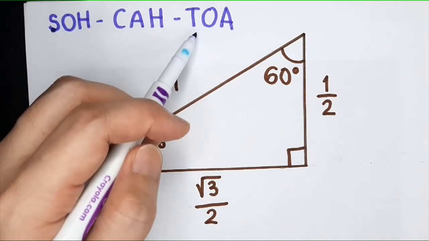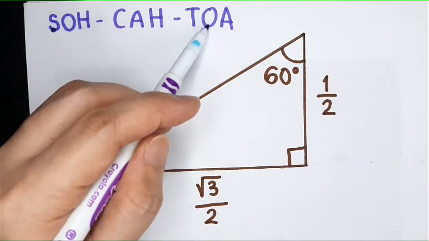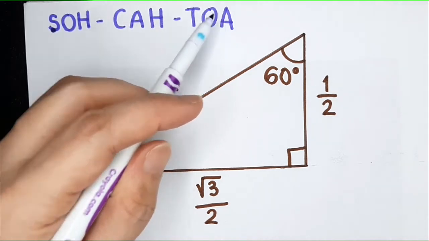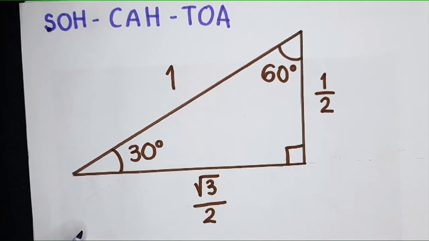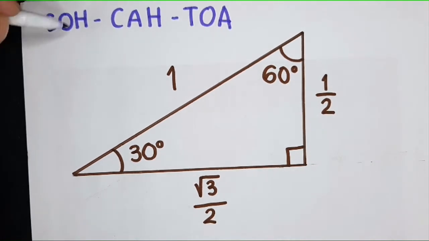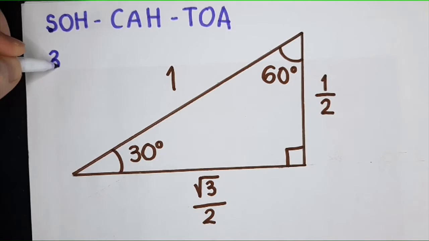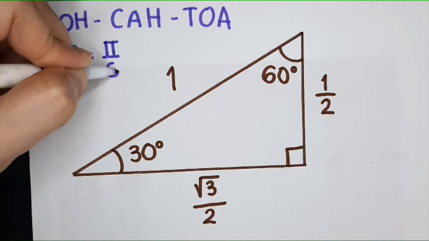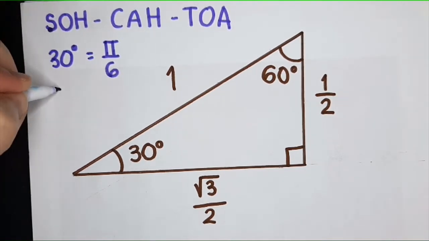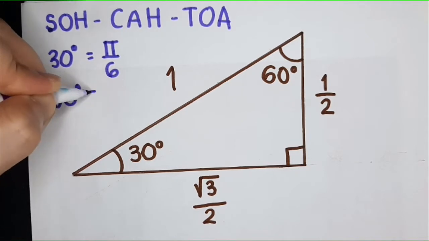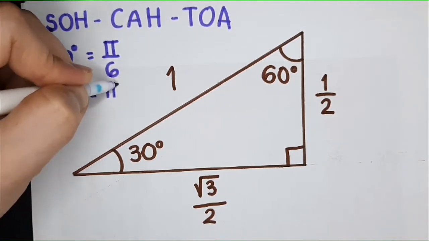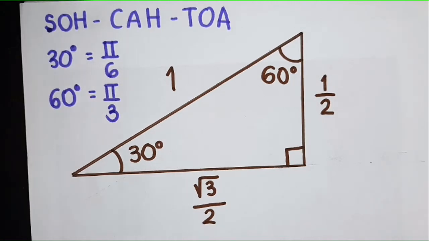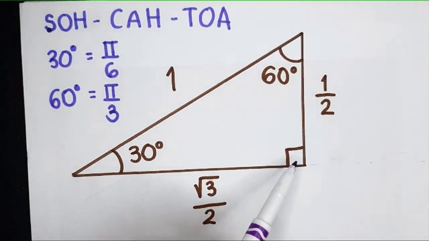Tangent of the given angle is equal to opposite divided by the adjacent side. And you also recall that 30 degrees is equal to pi over 6 radians. 60 degrees is equal to pi over 3 radians. 90 degrees is equal to pi over 2 radians.